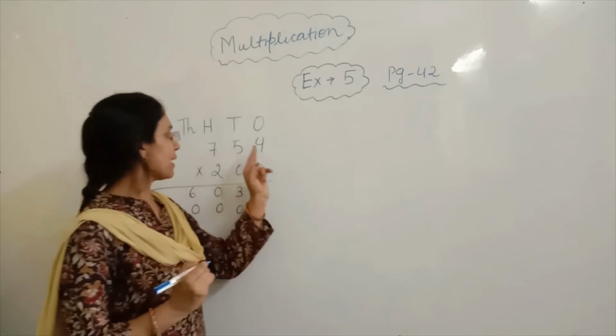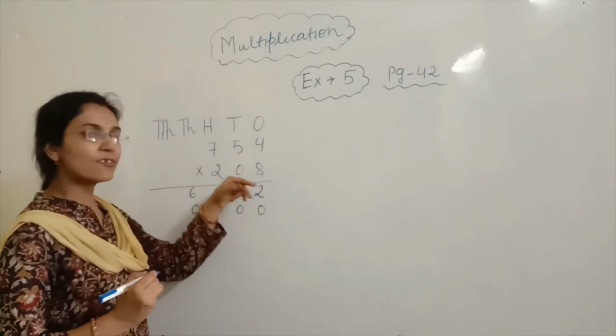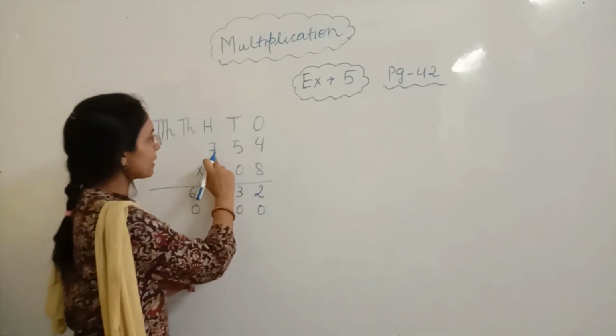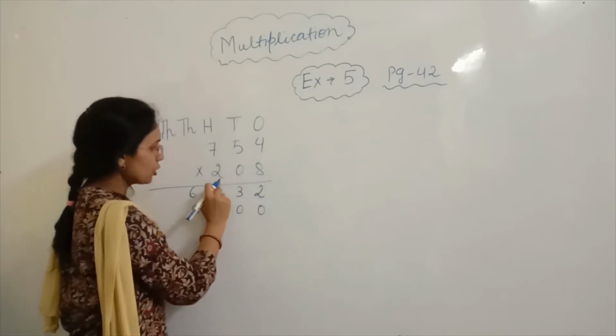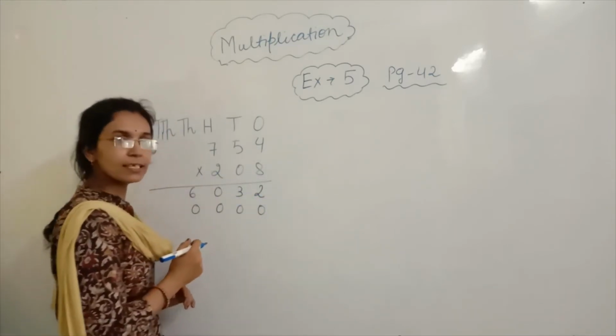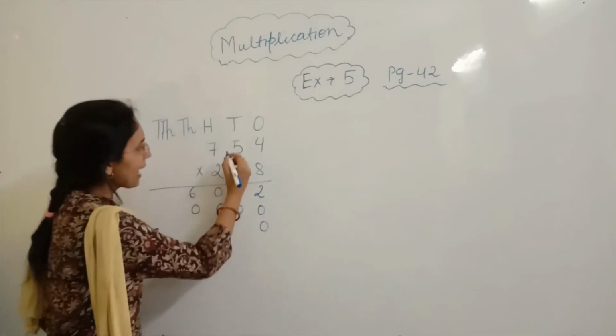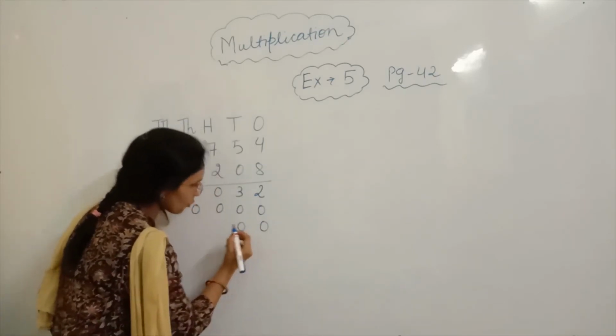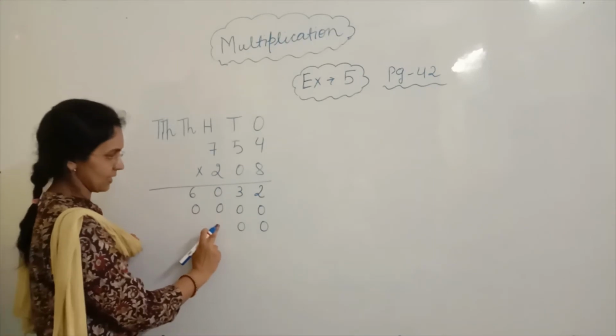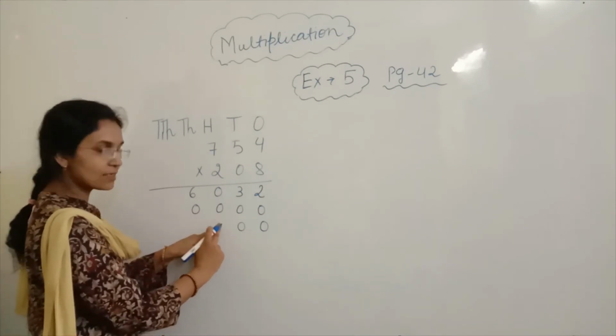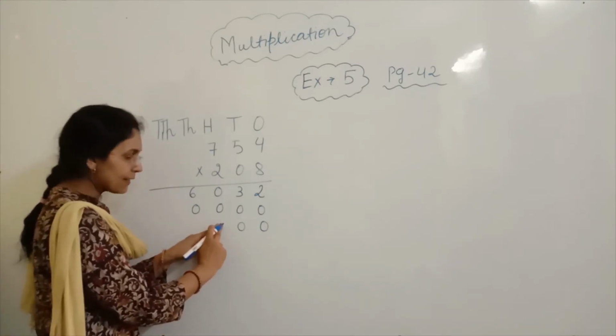Now we have multiplied with the 0 digit. Now our next step will be, we will multiply all these numbers with the 2. So before this children, we will place at ones place also 0 and tens place also 0. And we will start from this place. Okay? We will always start from 100 place.